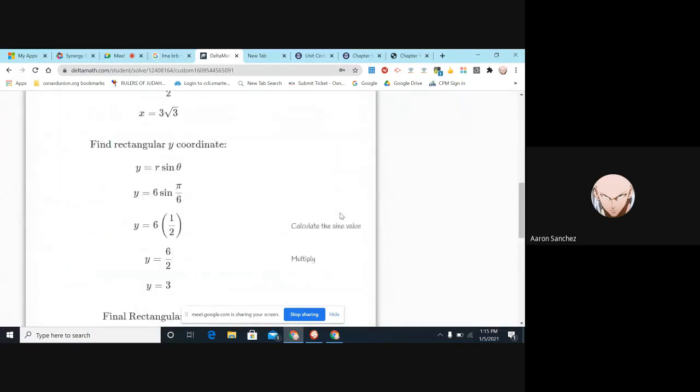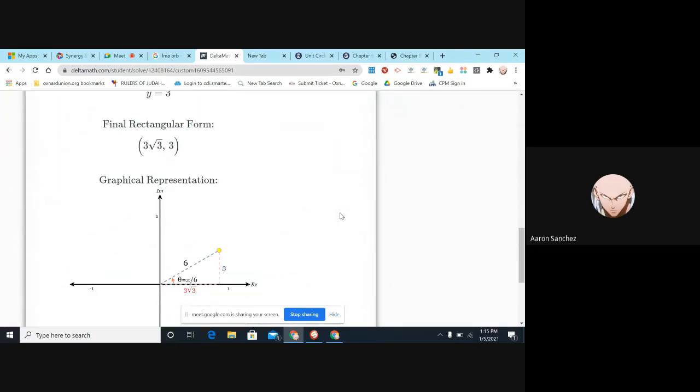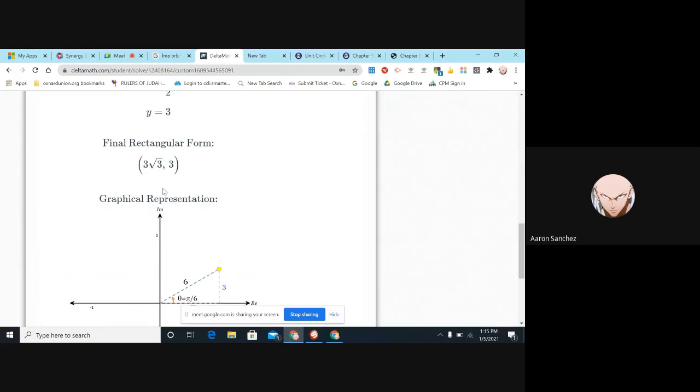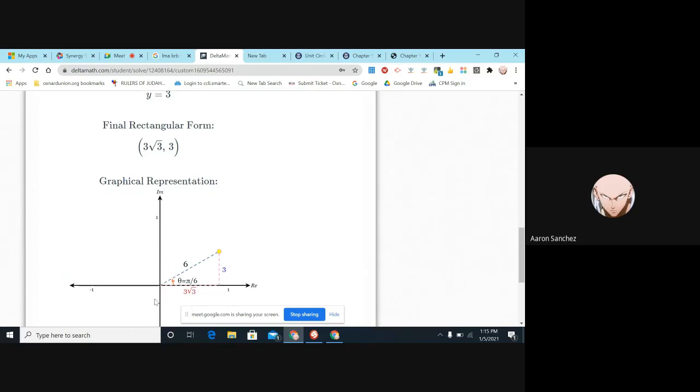We are correct. There's your answer: 3 root 3 comma 3. That means polar form to rectangular form: we go over 3 square root 3 and up 3, and that equals a radius of 6, angle pi over 6.